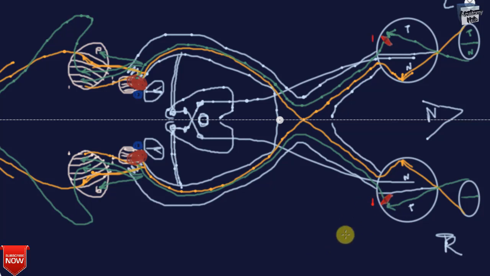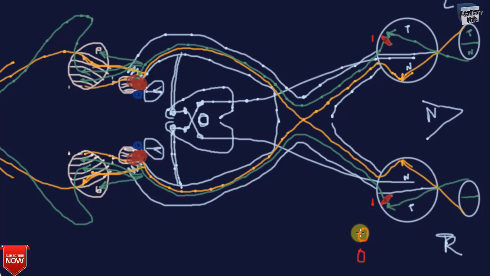If lesion number 1 is here at the temporal part of the optic nerve, then what will happen? Now we will draw the two visual fields, one over here and another over here.